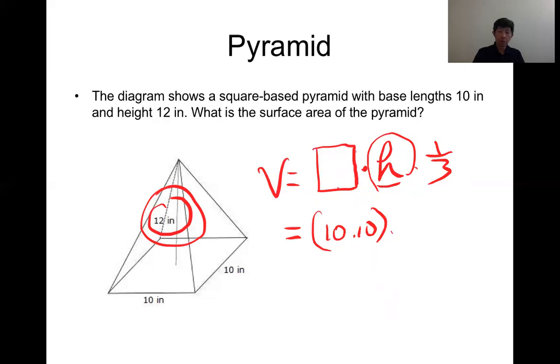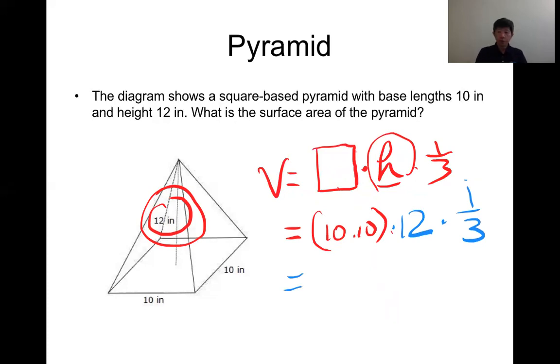Because we're looking for the pyramid, the height is 12 this time. If we're looking for each individual triangle, the height is not 12, it's 13. So times 1/3.